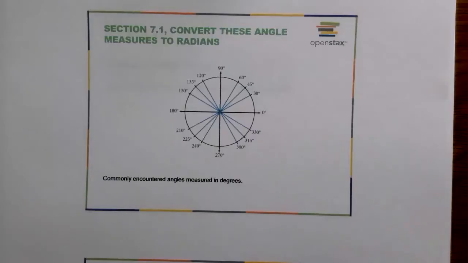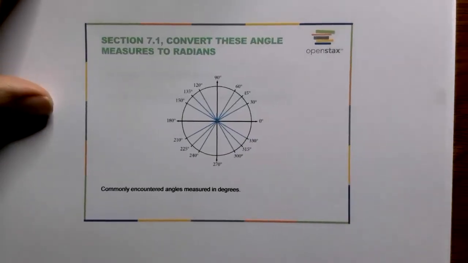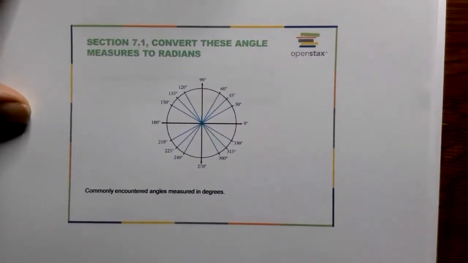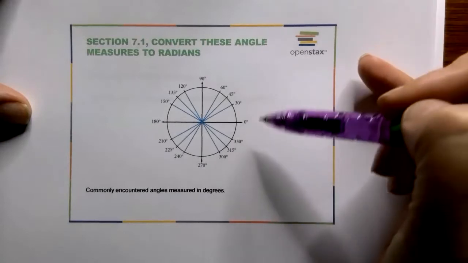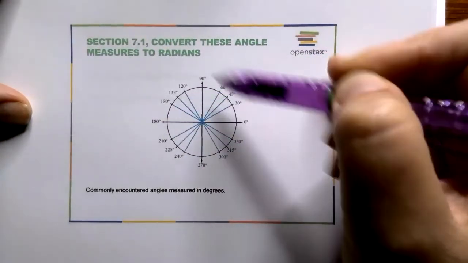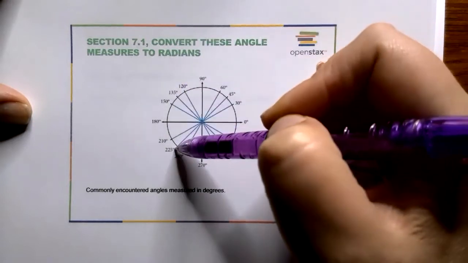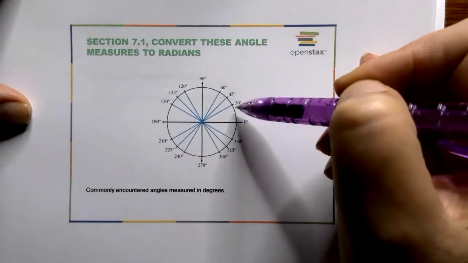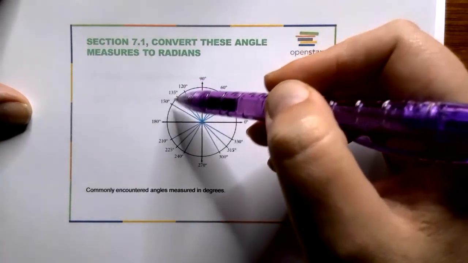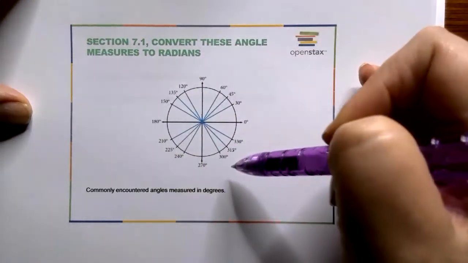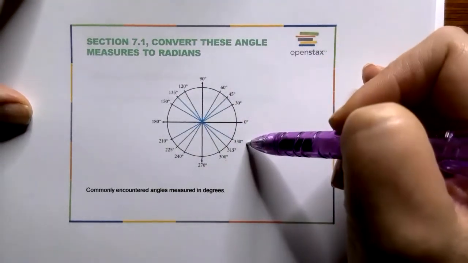As we mentioned before, we have some important angles that we're going to be talking about a lot: 0, 90, 180, 270, 45, 135, 225, 315, and also 30, 60, 120, 150, 210, 240, 300 and 330.